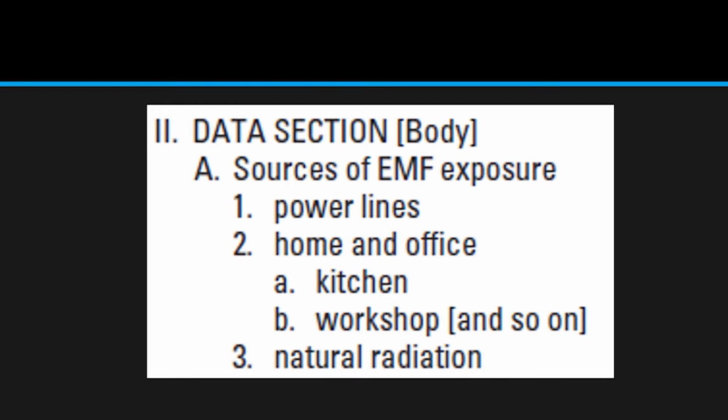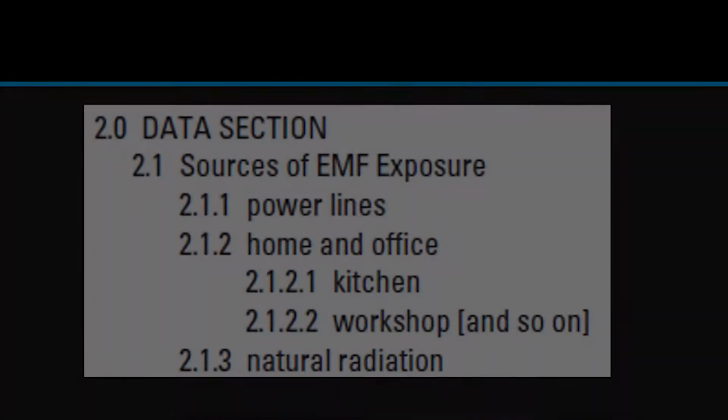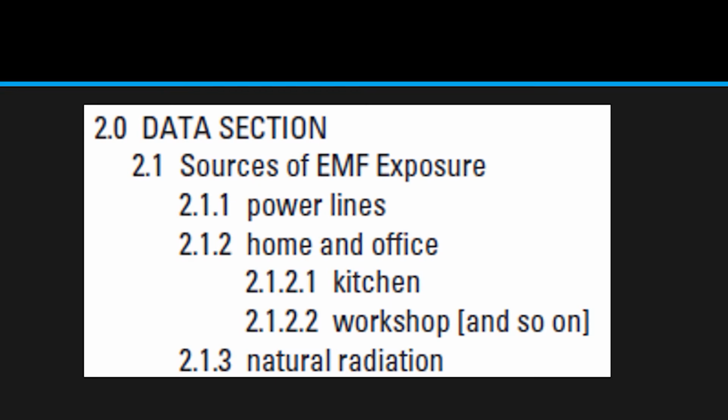This is not a unique phenomenon for me. And minor subtopics are going to use lowercase letters such as a, b, c. Each level is going to be indented in a certain way, and it's just to aid in readability, to help you find specific areas. Here's an example of decimal notation.